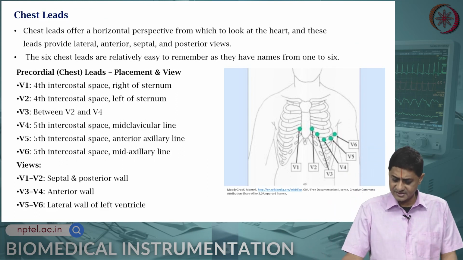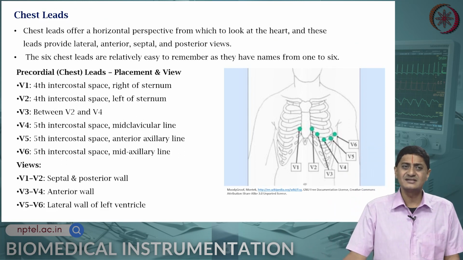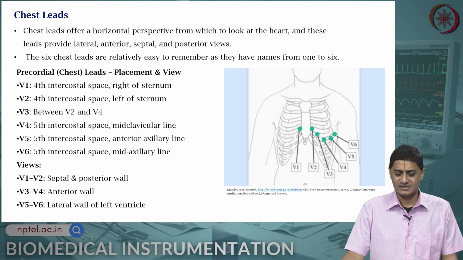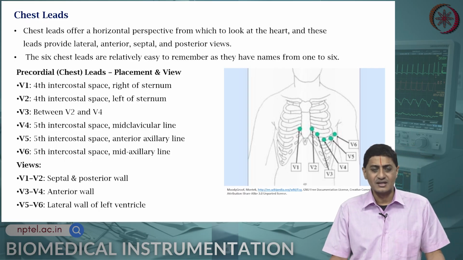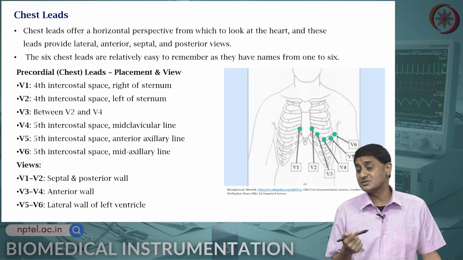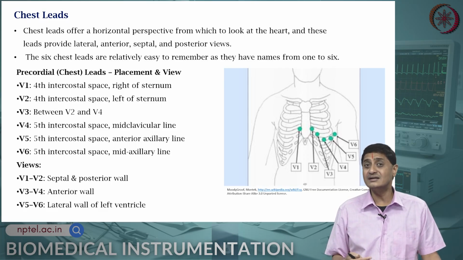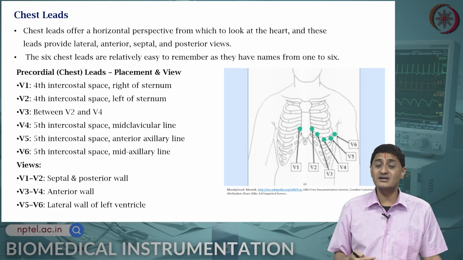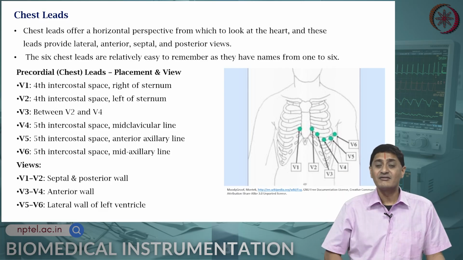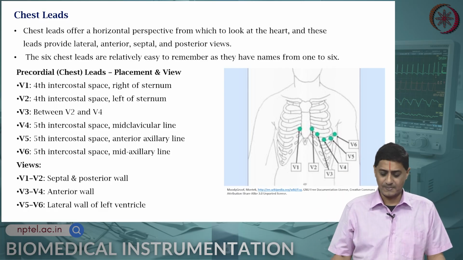Then you have the chest leads. The chest leads essentially provide a different perspective. They provide a horizontal perspective from which you can look at the heart. Please note that earlier the AVL, AVR, AVF and the three leads are going to provide the data in the frontal coronal plane.